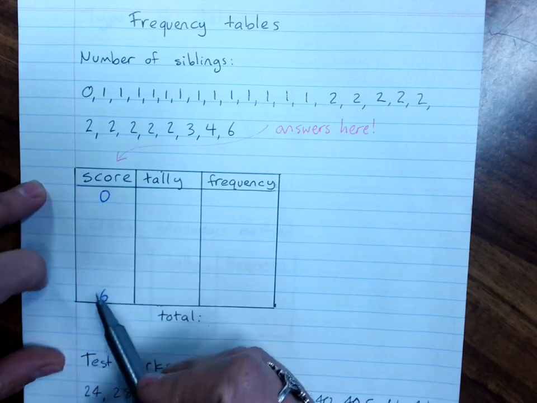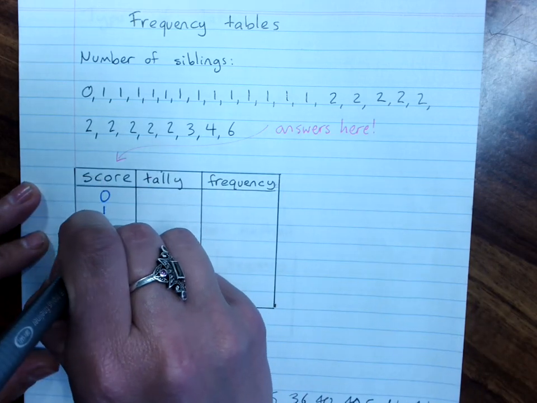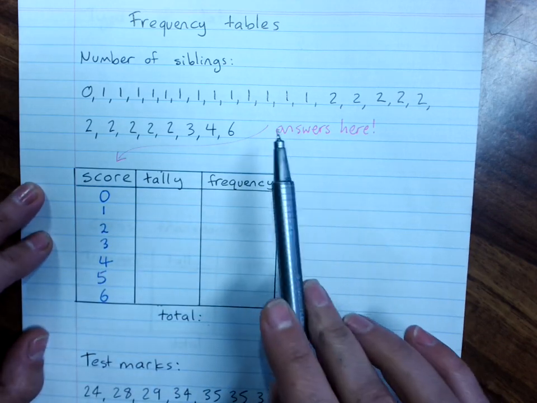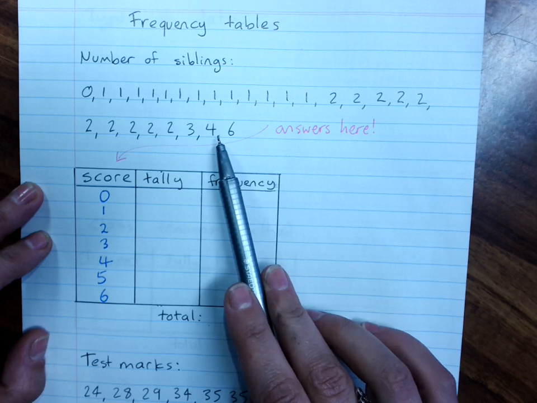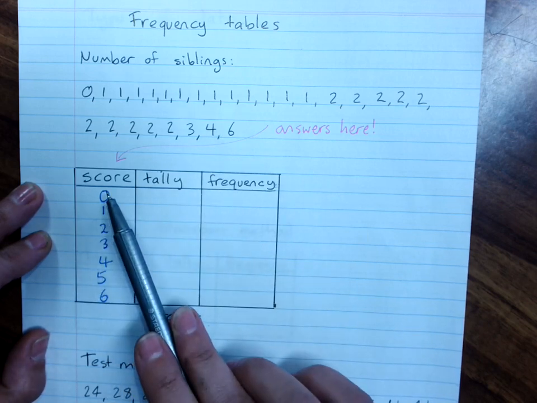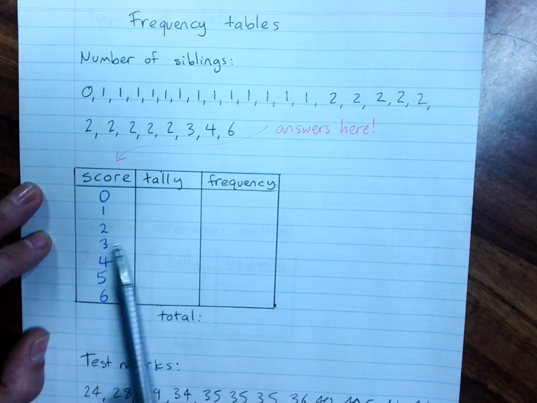Now, from the lowest to the highest, we could have an answer of 1, 2, 3, 4, 5, or 6. You'll notice that this class didn't actually have anyone with 5 siblings, but we still list all the possibilities between our lowest and our highest.